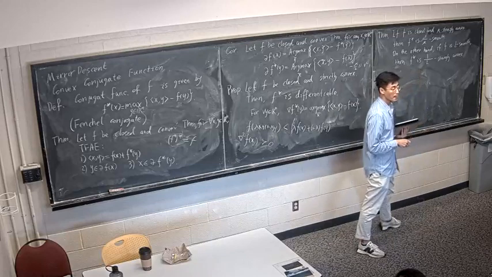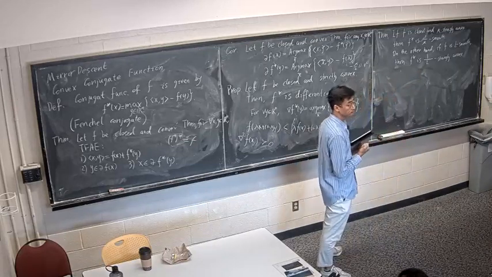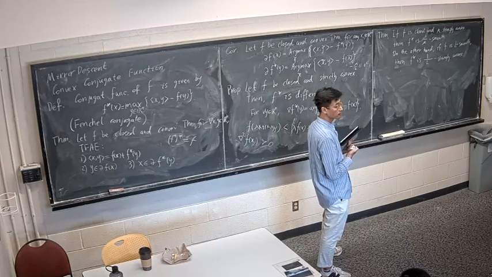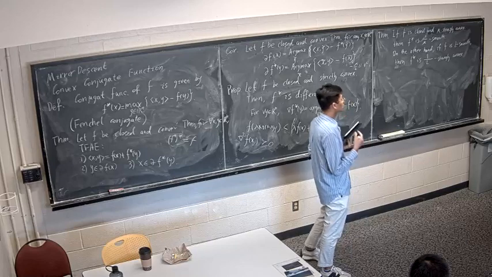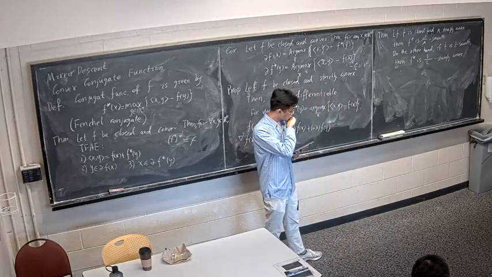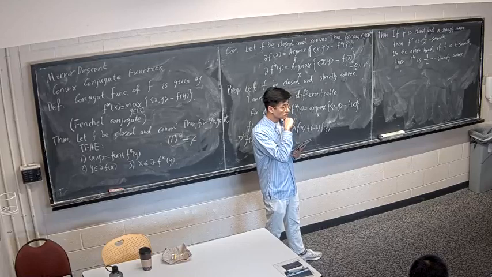One quick question. Just for, I don't know why you would do this on a smooth function, but say you had a smooth function, you calculate its complex conjugate, it would converge at the same rate as the original function, right? Because the condition number would be the same. Yeah, but it was mu strongly convex and not smooth, I mean.